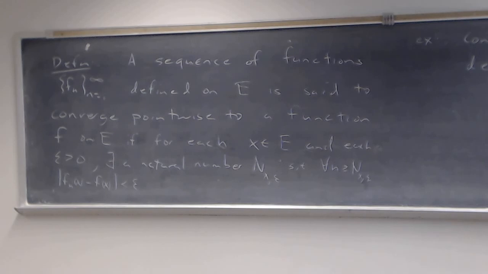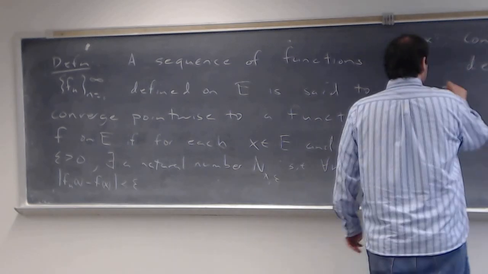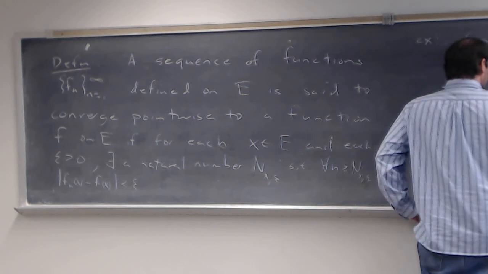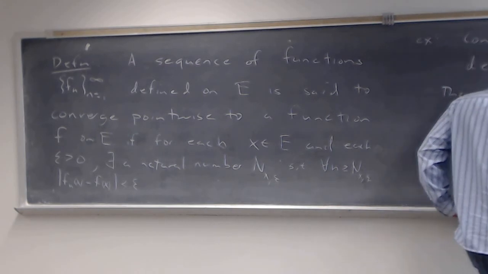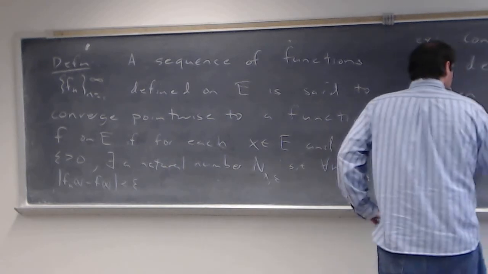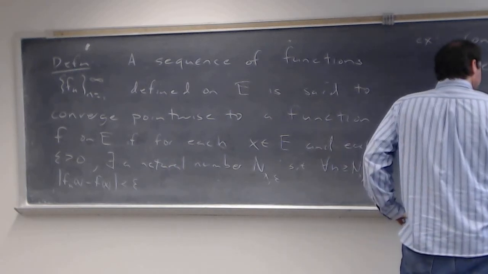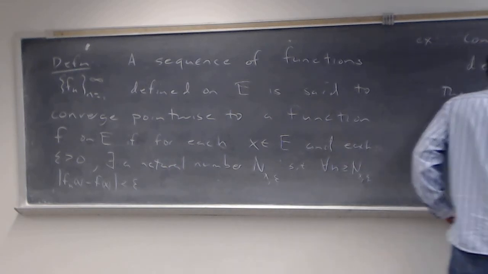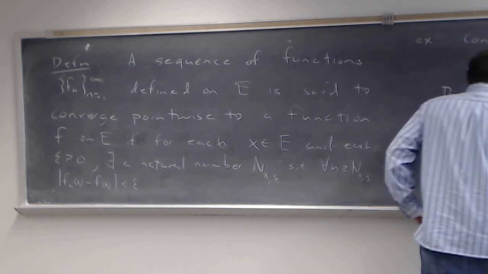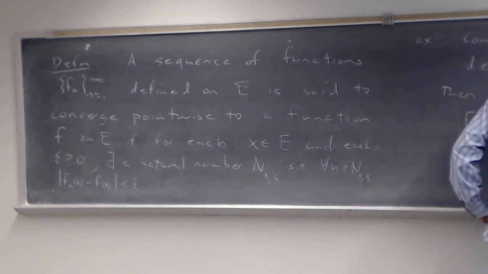Then the f sub n's converge pointwise to this function f, which is equal to 0 if x is an element from 0 up to 1, but not including 1, and 1 if x is equal to 1.